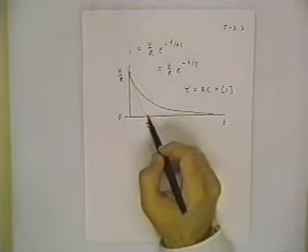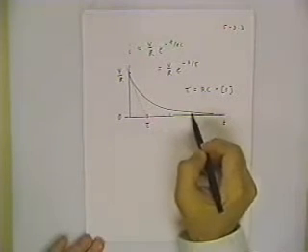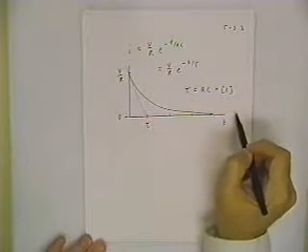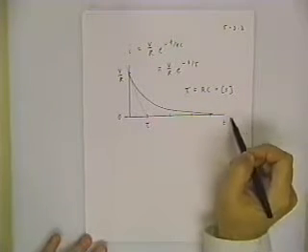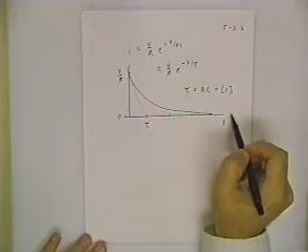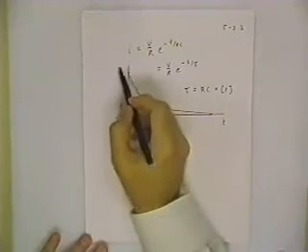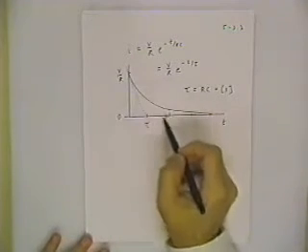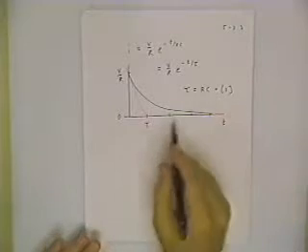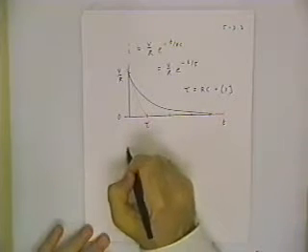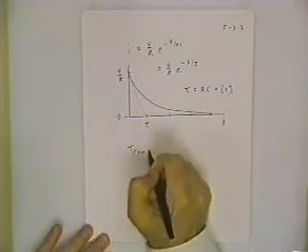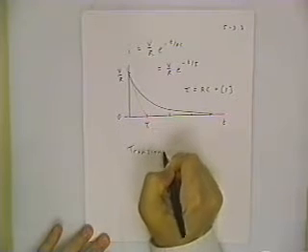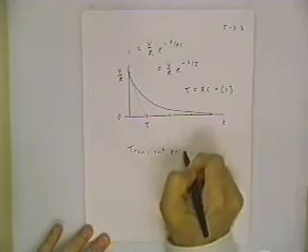This also tells you that after 2, 3, 4, 5 time constants, your current is virtually zero. It started off at some reasonably large value, but after 5 time constants, it's pretty much disappeared. And so that's what we usually call, in circuit analysis, the transient period.